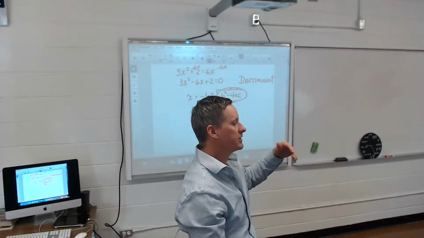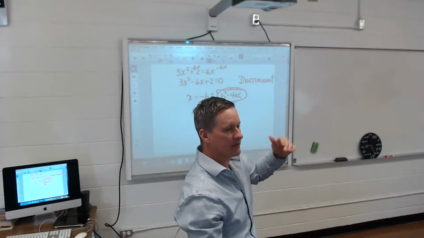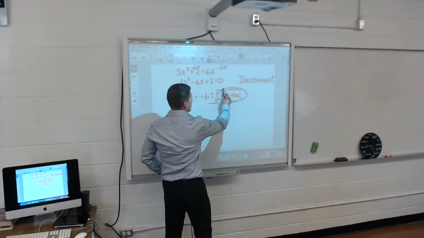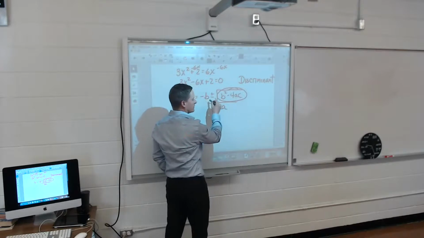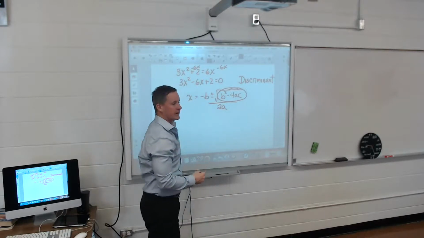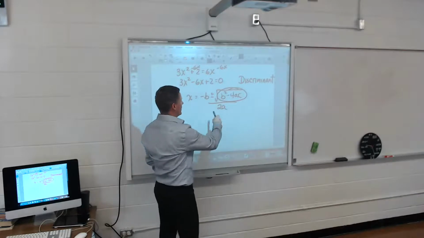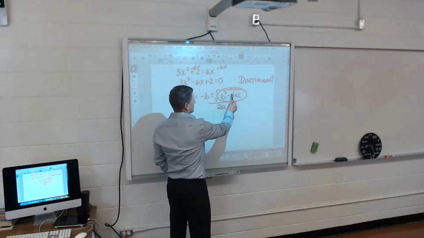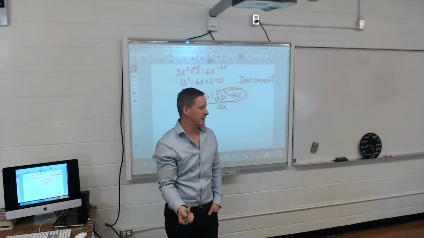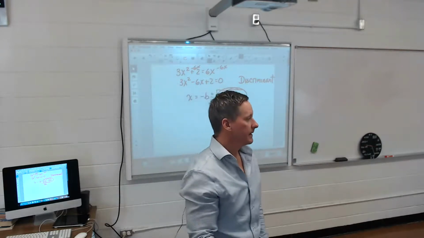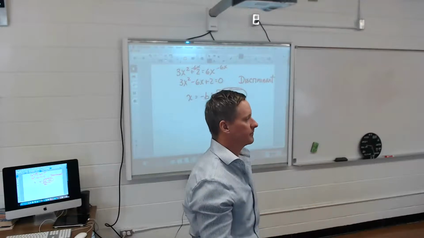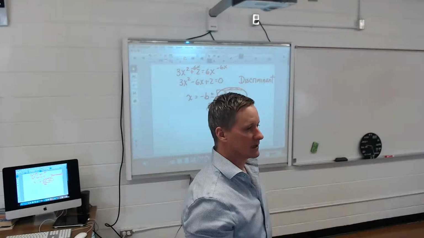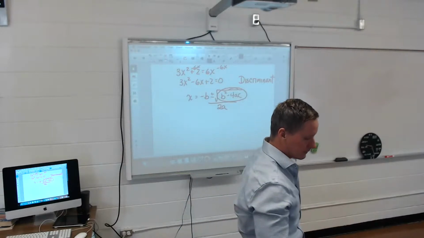That means the vertex is above the line and it opens up, or the vertex is below the line and opens down. If this value equals 0, you have 1 root, negative b over 2a. If it's greater than 0, you'll have 2 real roots. If it's a perfect square, you'll have 2 real distinct roots. If it's not a perfect square, you'll have something like the square root of 5, or a decimal if you were to graph it.